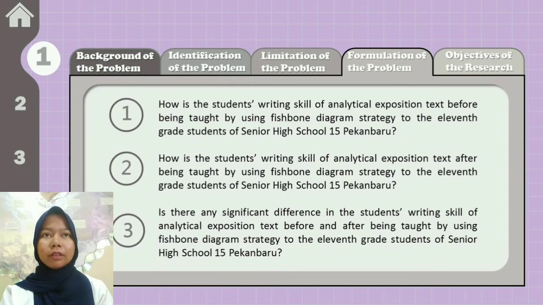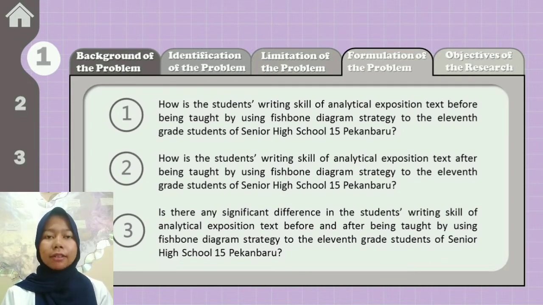In this research, there are 3 formulations of the problem. The first is, how is the students' writing skill of analytical exposition text before being taught by using the Fishbone diagram strategy to the 11th grade students of Senior High School 15 Pekanbaru?